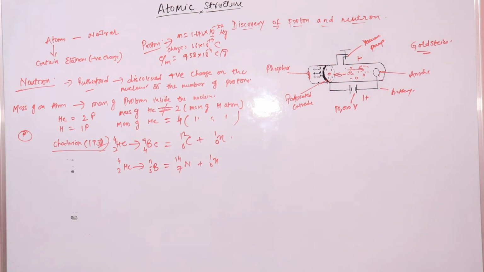So when he bombarded these thin sheets of light elements like beryllium and boron with alpha particles, neutral particles that have mass nearly equal to that of a hydrogen atom were emitted.